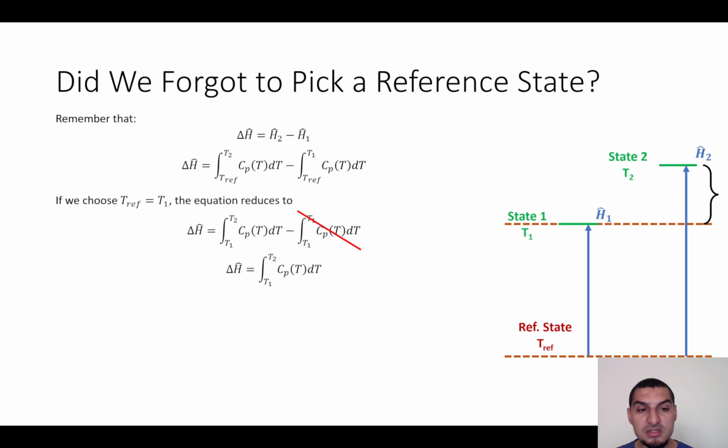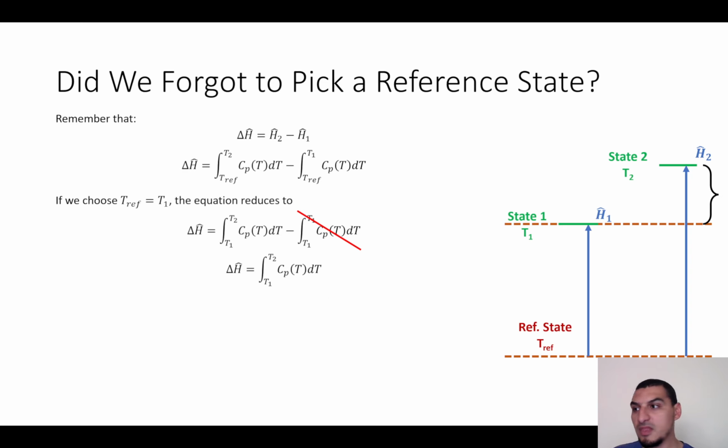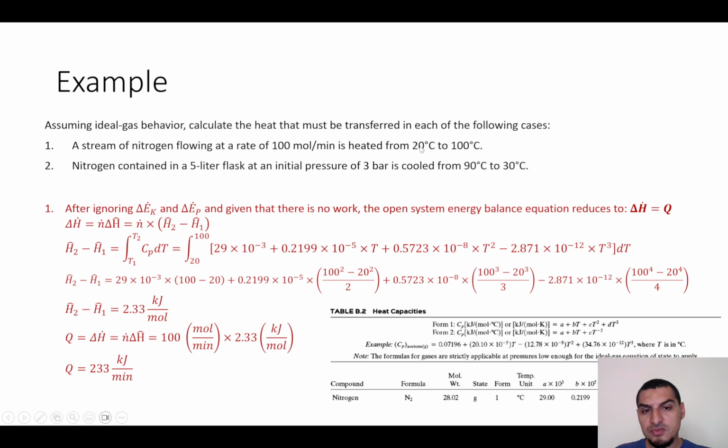So by doing this, we are setting the initial state as the reference state without mentioning that. Of course, you can take any other reference state, and for example, for the first part of the problem that we solved from 20 to 100, you can take the reference state, for example, 0 degrees Celsius. You can take 50 degrees Celsius. You can take anything.